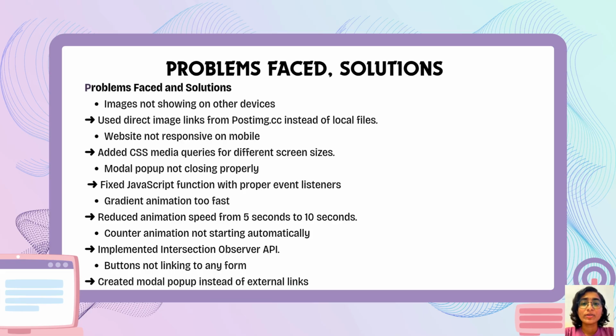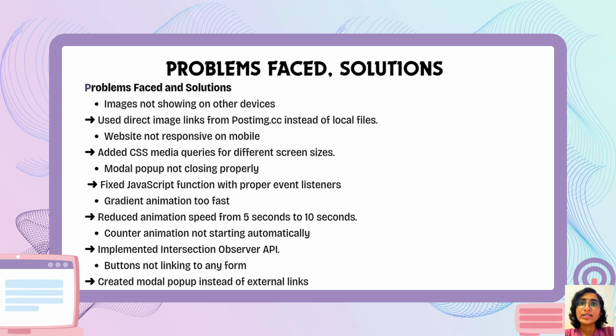During the development process, our group faced several challenges. We solved the image display issue by using direct image links, improved mobile responsiveness with CSS media queries, and fixed the modal pop-up error using JavaScript event listeners.